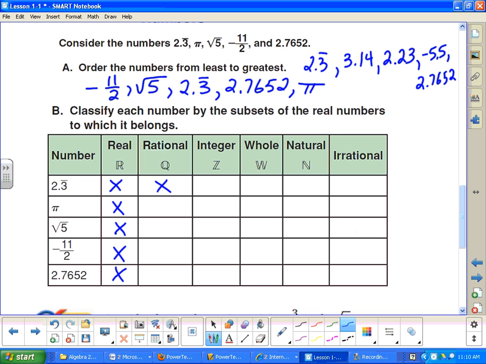Okay? Pi. Is pi a rational number? No, pi is irrational. Square root of 5, is that rational? Can you write it as a decimal that terminates or repeats? No. Actually, the only way you can do that with a radical is if it's a perfect square. Okay, so this is irrational.